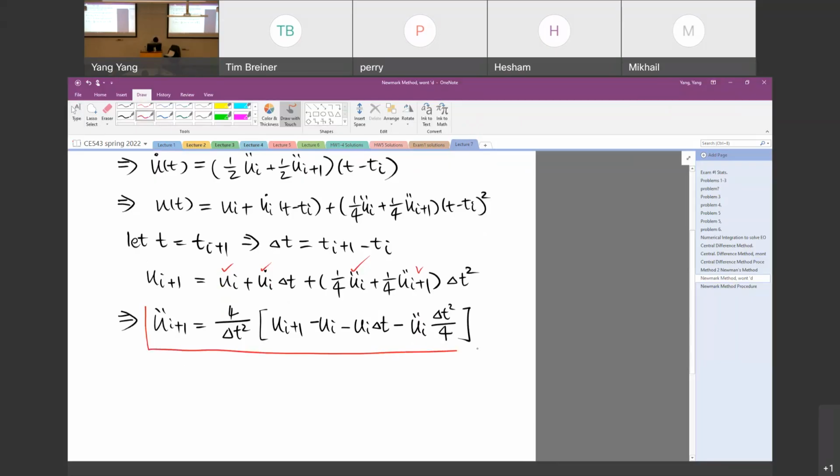And we will use this equation in the program. This is one of the most important equations that we will use. So this equation expresses the acceleration at time i+1 in terms of the displacement at the later time and the response at the earlier time.